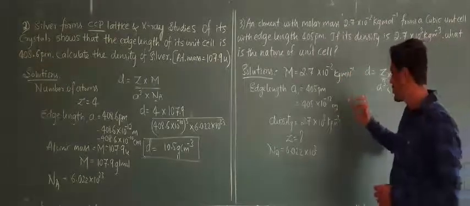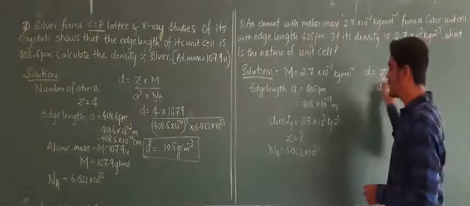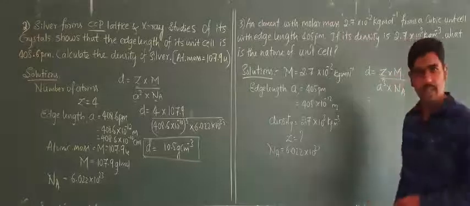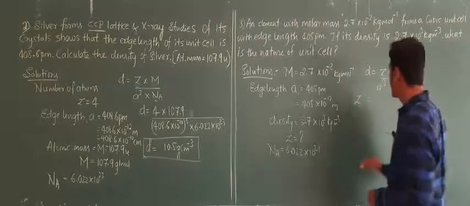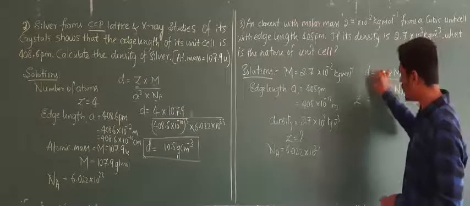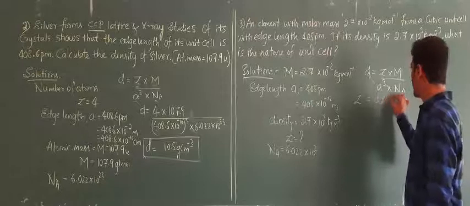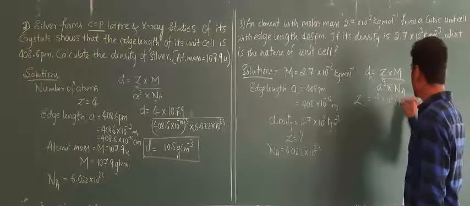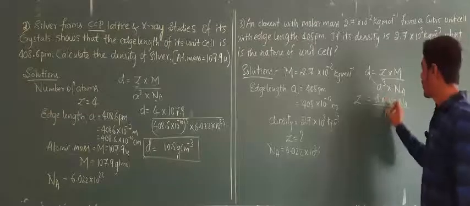Okay. So now directly I will substitute the values. What is the value of Z that you need to calculate? So I will rearrange this equation. Z is equal to, cross multiply this, what you will get? D into A cube into Na divided by M.